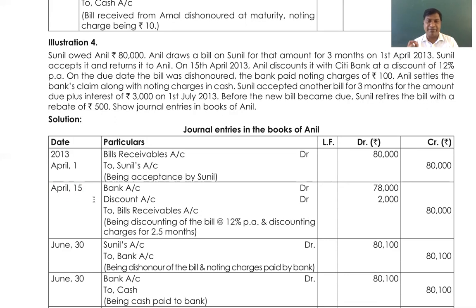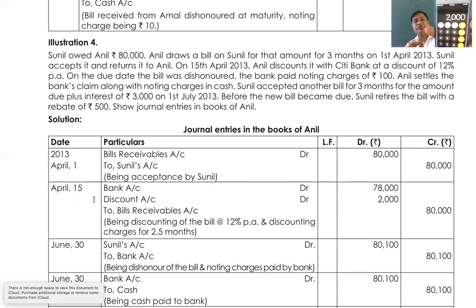And every month, it is discounted for 800. And it is for 2.5 months. So 800 into 2.5 months. How much? 2,000 is the discount. 9,600 is the per annum discount on 80,000.